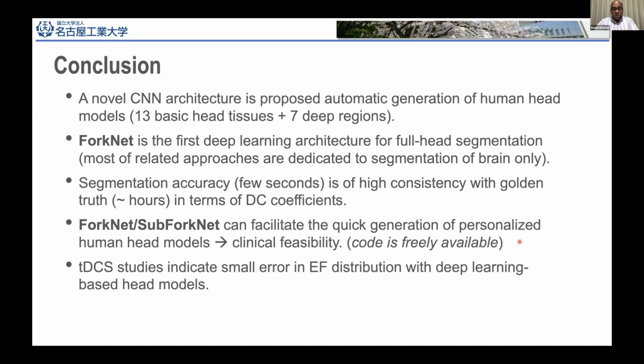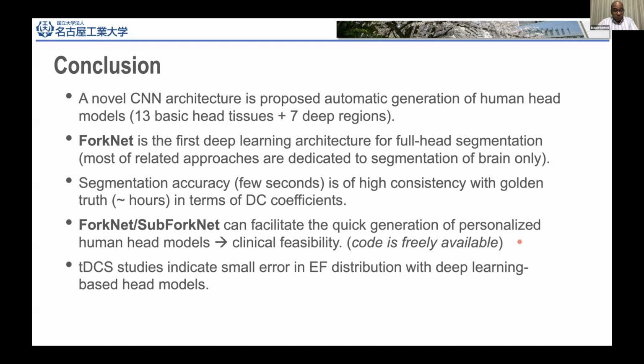The architecture used for the head tissues is called ForkNet, which we can say is the first deep learning architecture for whole head segmentation, as most of the related approaches only segment brain tissues. And we have found that the segmentation, obtained within a few seconds, is of high consistency with the golden truth, which required a quite long time, in terms of dice coefficients.